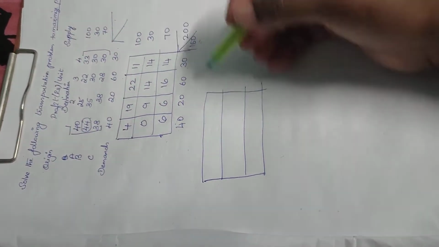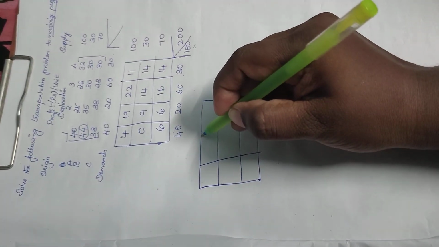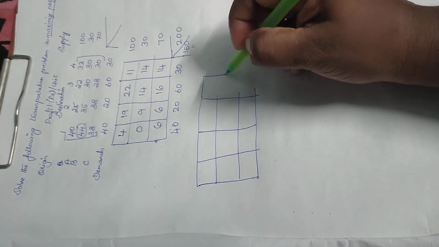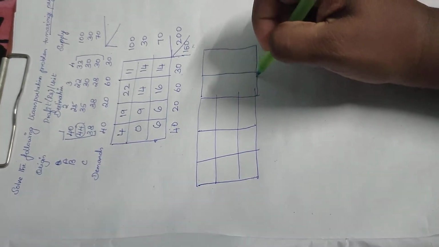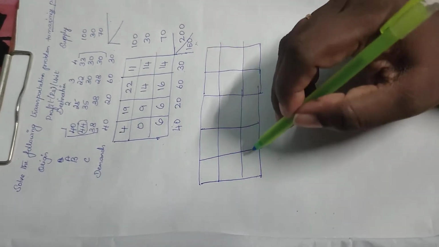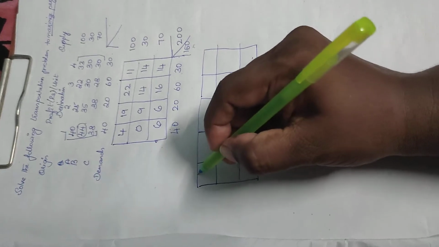I'm going to add 50 here. So I am going to add a column. I already have 4 columns. Now I made it a 5th column, a dummy column I have added.